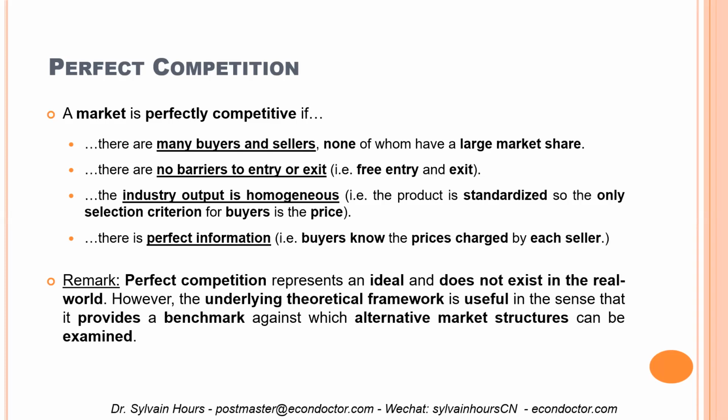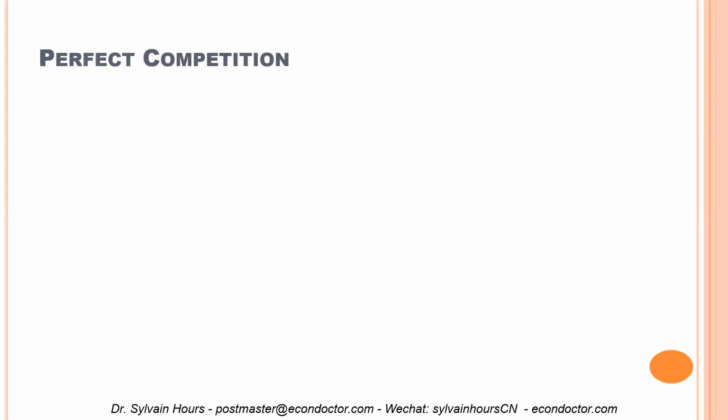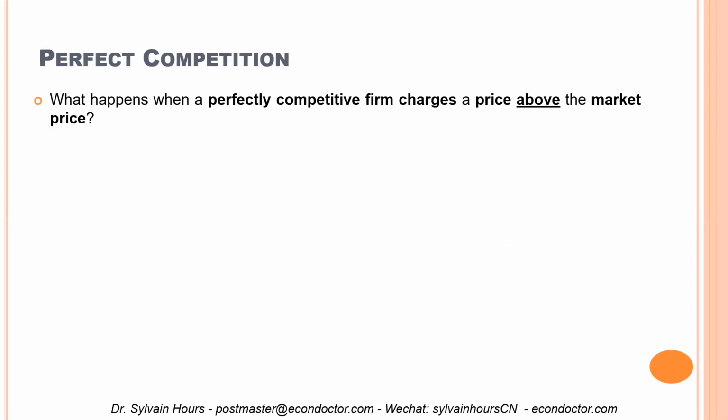An ideal gas does not exist in the real world, but it does provide a benchmark that is useful when we study real gases. That's an example of how you can connect different subjects to explain why this theoretical benchmark is important. All right, so let's try together to understand the shape of the individual demand curve in perfect competition.